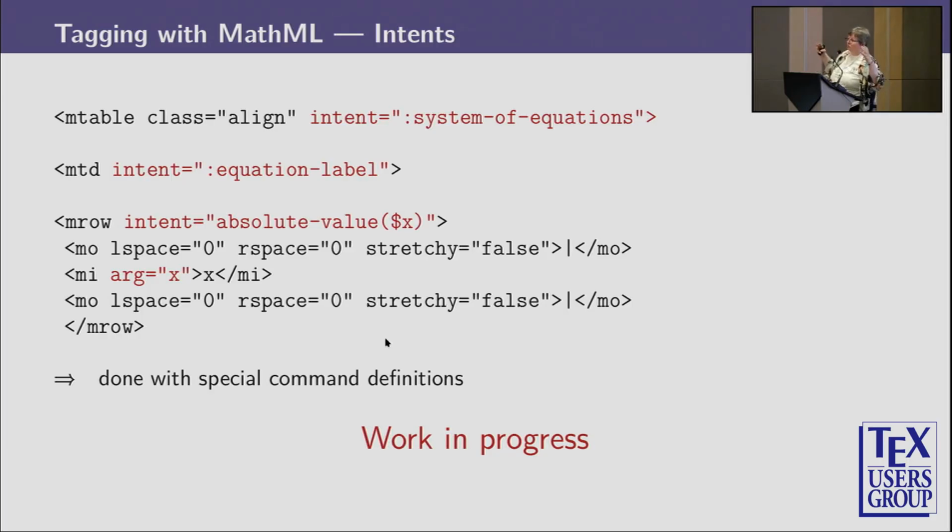I don't know if you have really realized, but it said system of equations, row 1 with label 1 from the end, and then it started. And this is because from our tagging with the intent, which tells MathCAT, here is a label. That was made together with the author of MathCAT, so that labels are really read in a good way. So intents are really important because they improve the reading.